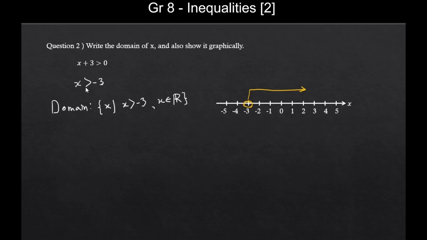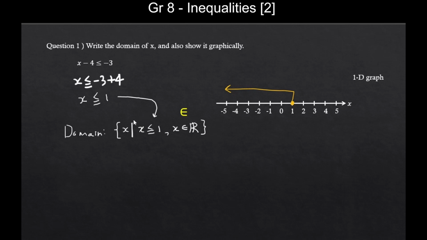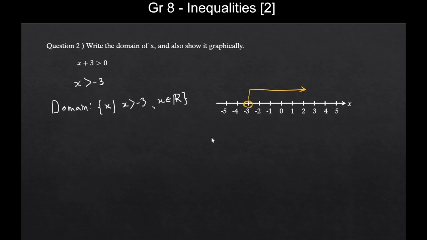Otherwise, it should have had an equal sign here. In the previous question, we did have the equal sign. That's why I colored the dot. But in this case, we're not including -3, right? So I have to exclude this dot. We shouldn't include this dot. In order to do that, we have to uncolor it.